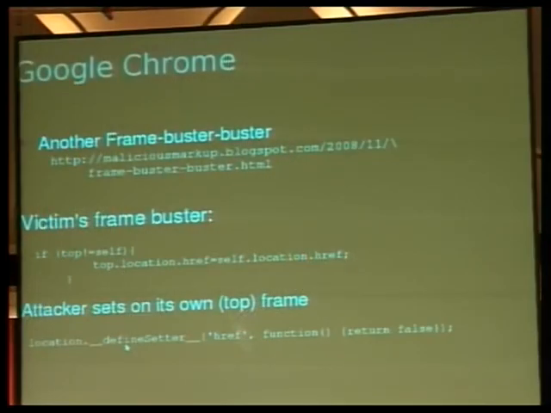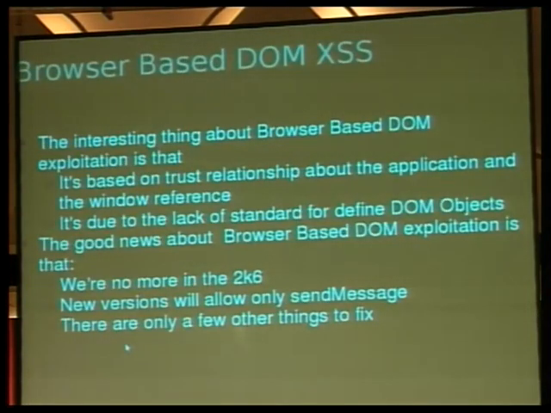On Google Chrome, there's a guy that found a way to exploit the frame buster by using the defined setter of location of the top frame, so the attacker frame. The interesting thing here is that it's based on trusted relationships about the application and the window reference, okay? So the victim thinks that it's been called by a legit site.